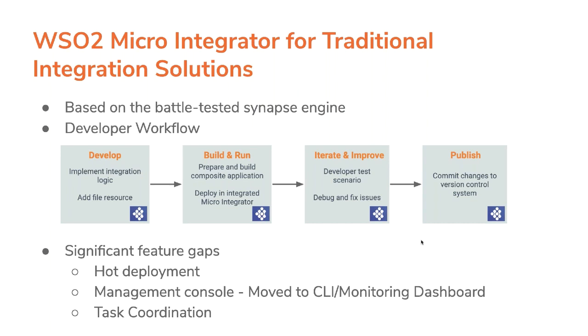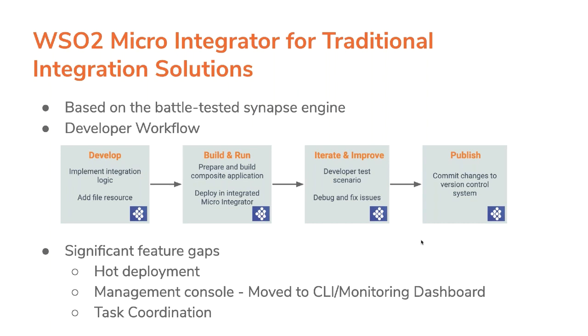And another thing is we have removed the management console that was there in the previous Enterprise Integrator. We have moved it to a CLI and a monitoring dashboard. This is not a management dashboard, rather a monitoring dashboard, and we have made it that way because we wanted to prevent artifacts from being changed at runtime once again.